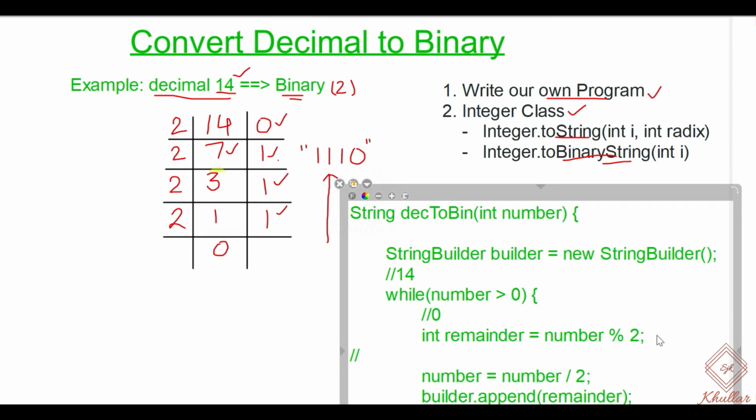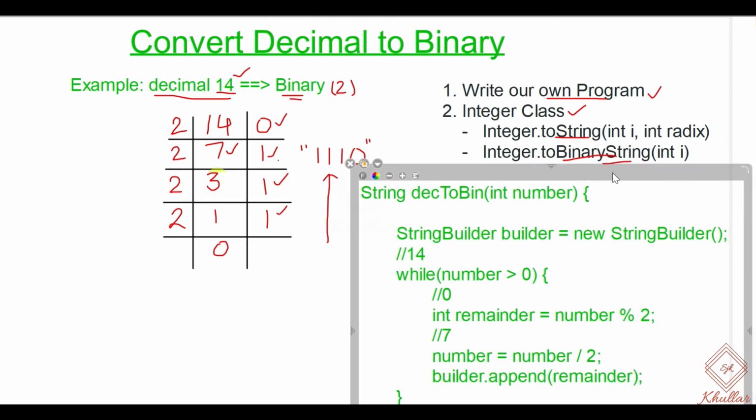And in the next statement, number by 2, we see it becomes 7. So it will become 7 here.